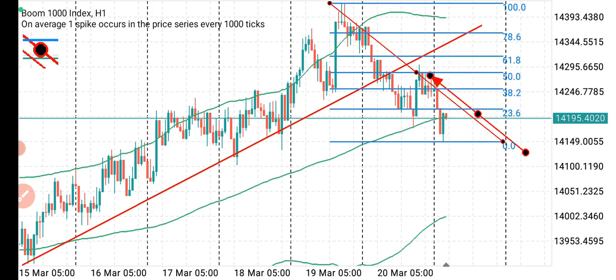So just as we have here, if you should have made this entry because of this rejection, it's your premium zone for a sell. Anything 50 and above you can sell because it's a premium zone, right? So we have 50, 61, 78.6. You can look for any of your entry trigger.